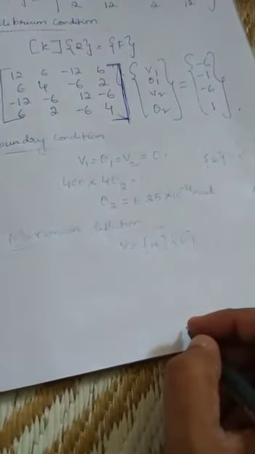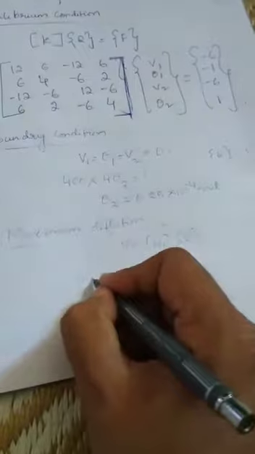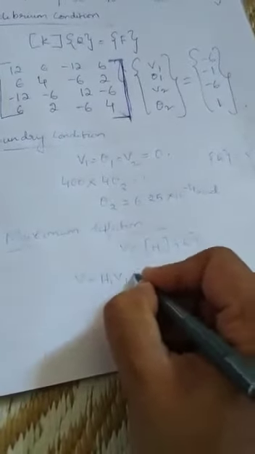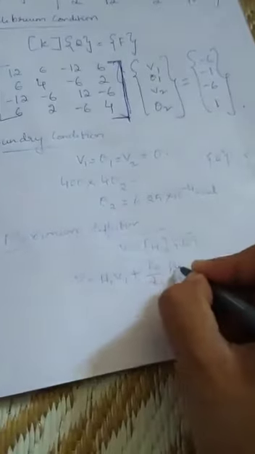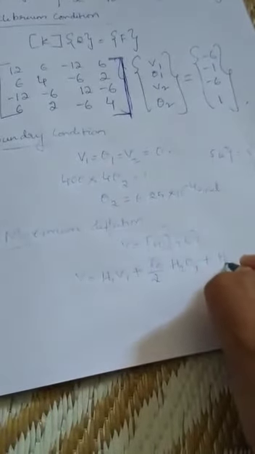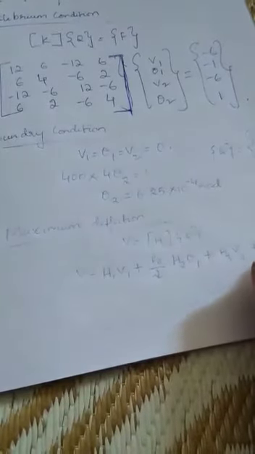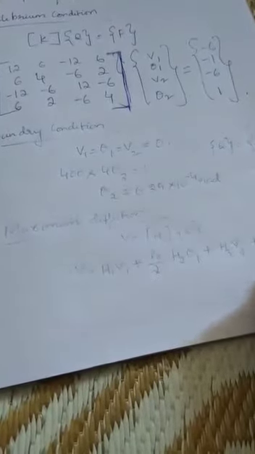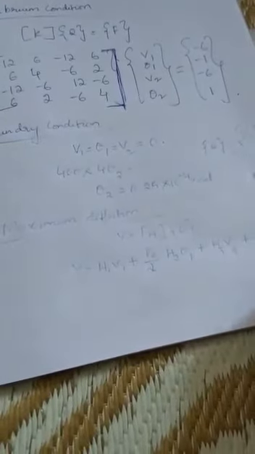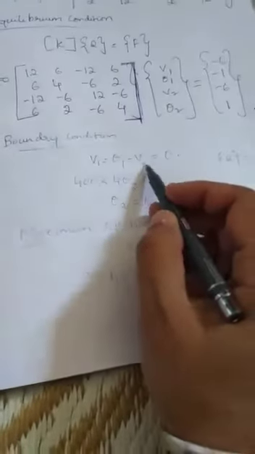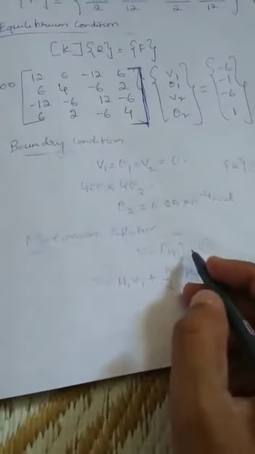V is equal to H1 V1 plus Le by 2 H2 theta 1 plus H3 V2 plus Le by 2 H4 theta 2. Since V1, theta 1 and V2 are equal to 0, we only need H4 theta 2, so V max is equal to Le by 2 H4 theta 2. Substituting all the values, what is H4?